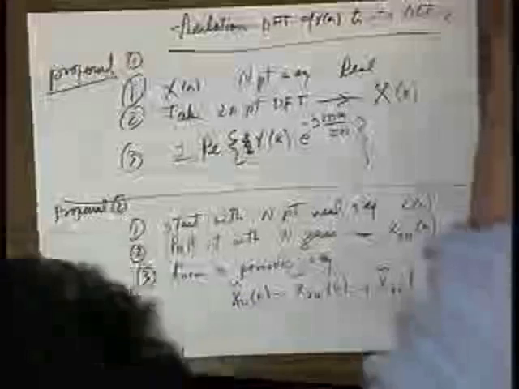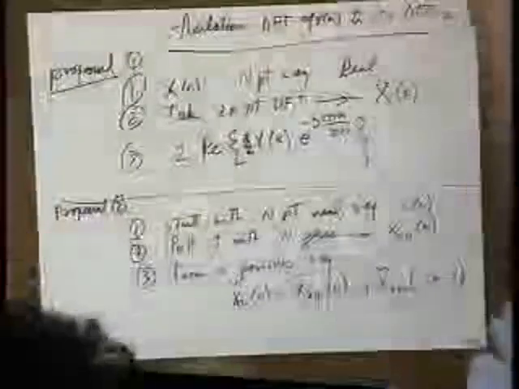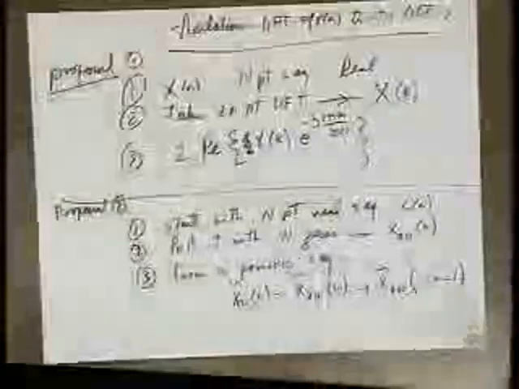That's equivalent to, where's that picture now? I lost it. Page 14. No, page 13. Oh, yeah. That's the equivalent of doing this flip. And I'll talk about that. I'll convince you of that next time.